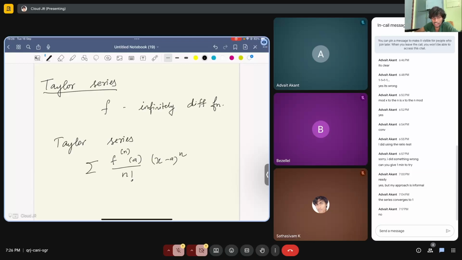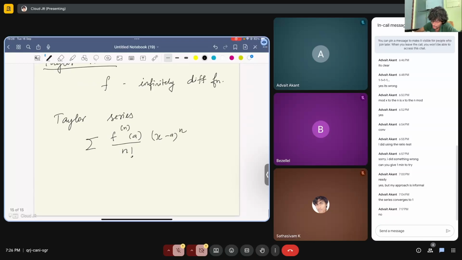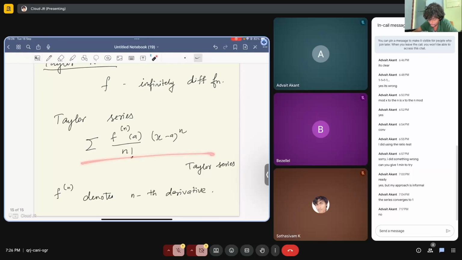Here f power n denotes the nth derivative. This series is called the Taylor series, and if you put a equal to 0, then it is called the Maclaurin series.